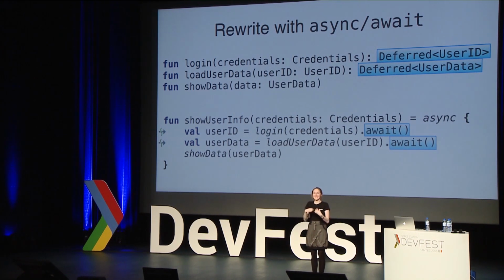But with Kotlin suspend functions, we can do even more. In this scenario, we can simply define these functions as suspend functions. And that will mean exactly that this is a computation that might be suspended.